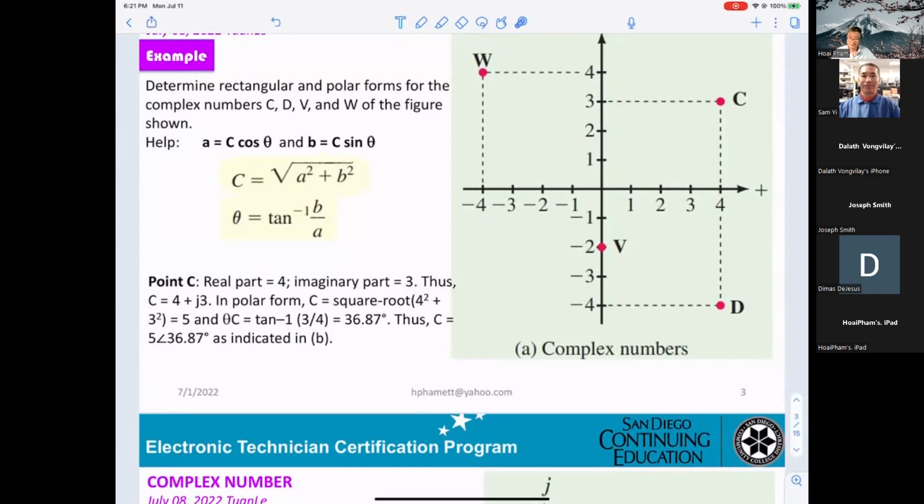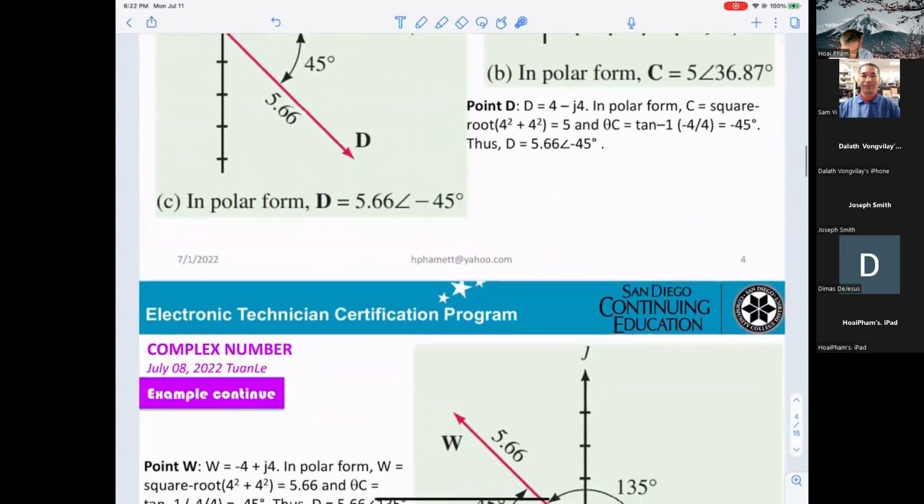So then D would be 4 minus J4. Perfect. Yeah, that's what I got screwed up on before. Okay, 4 minus J4. That will be the complex number in rectangular form. And now I want it in polar.